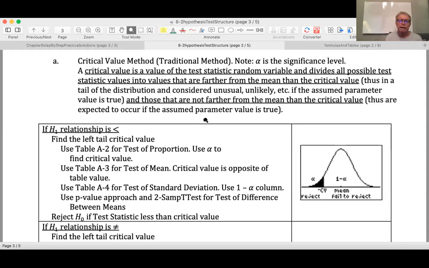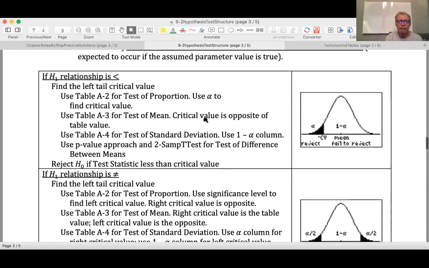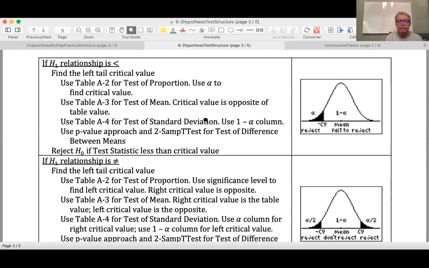Okay, now, so let's look at how we would start out. First, we define alpha. We know what alpha is, that small probability, and H1 tells us whether we're going to worry about the left side, right side, or both sides.